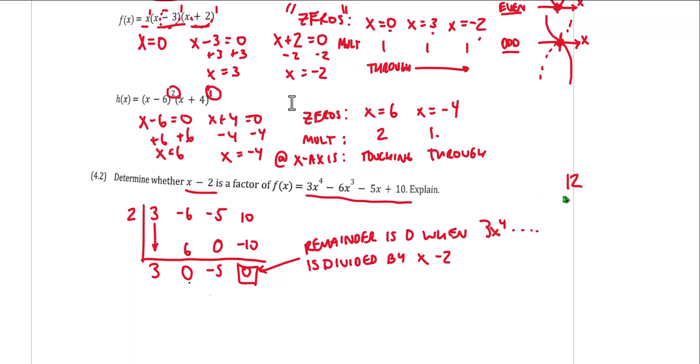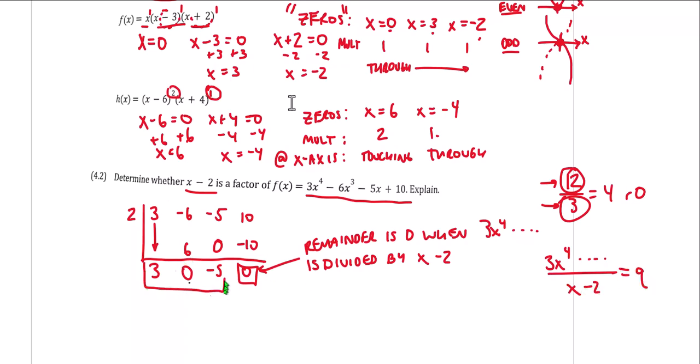We can see that with just numbers, like 12 divided by 3 equals 4, remainder 0. That tells us that this denominator goes in evenly to this numerator. In other words, this guy is a factor of this guy. Well, what we just did in synthetic division is we determined that 3x to the 4th and so on divided by x minus 2 gives us some quotient. We know the quotient because we have our coefficients of the quotient, but we don't have to worry about that right now.